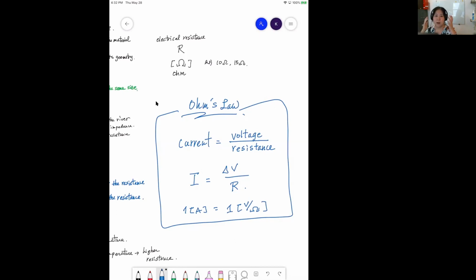With most materials it works, but at a cold temperature or with superconducting materials, it may not work. But this is Ohm's law: the current equals the potential drop divided by the resistance. And this is a very, very useful equation.